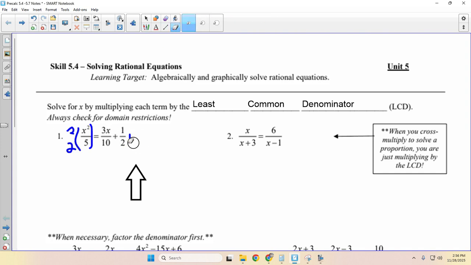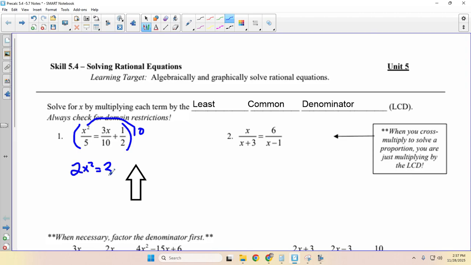We're just going to multiply everything by 10, and it's going to obliterate the denominator. 10x squared divided by 5 leaves us with 2x squared. 10 times 3x is 30x divided by 10 is 3x. 10 times 1/2 is 5.